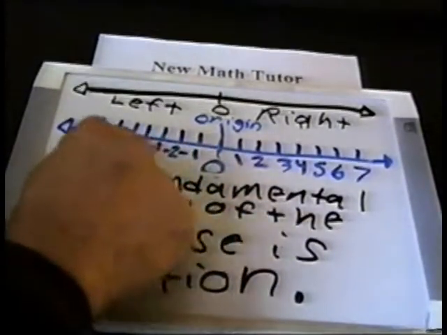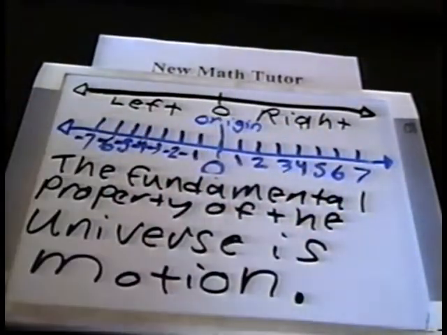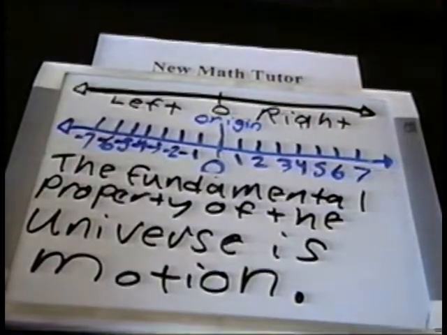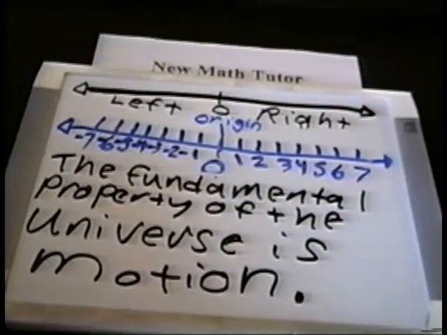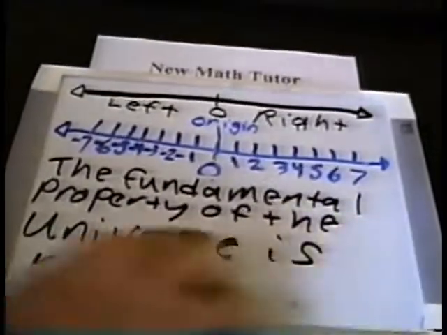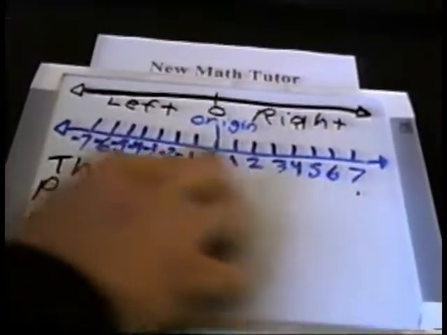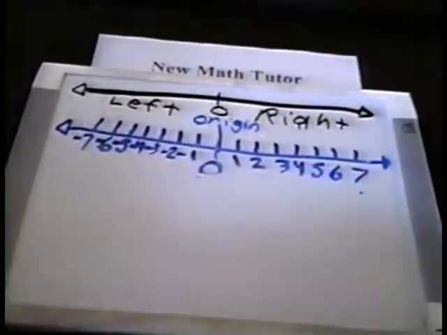Here we're going to discuss one type of motion, the first type of motion that we discuss in linear mathematics, algebra, which is linear motion, which is motion in a straight line.